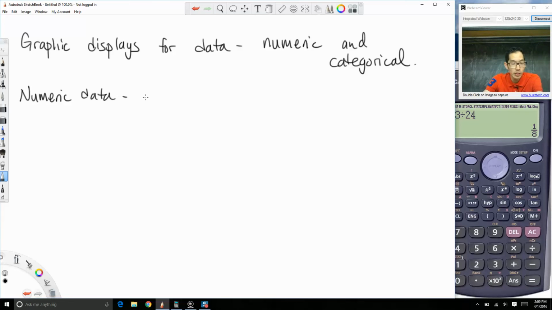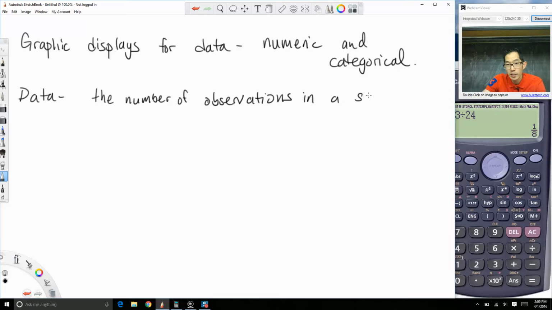In data in general, the number of observations that we have in a sample is what letter? What letter do we use for the number of observations in a sample? N. Okay, so the number of observations in a sample is N.